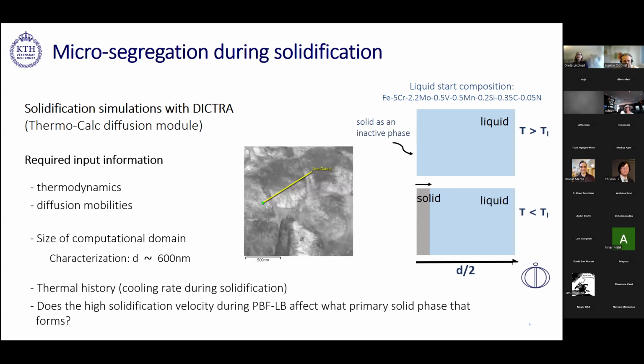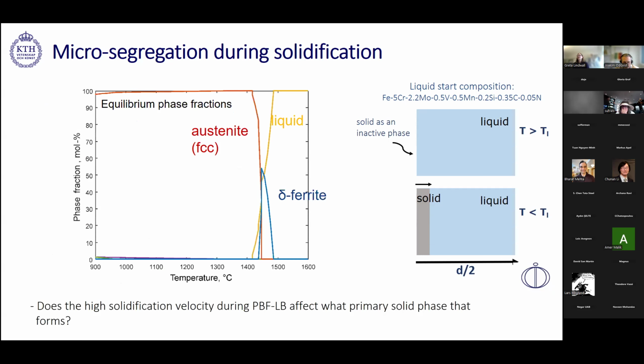So in this case, with laser powder bed fusion, we know we have very high solidification velocities. So we were not sure what phase should be the first phase that forms in this material. Because if you look at the equilibrium situation for this composition, here is the equilibrium phase fraction as a function of temperature.